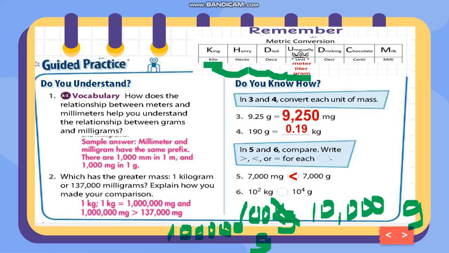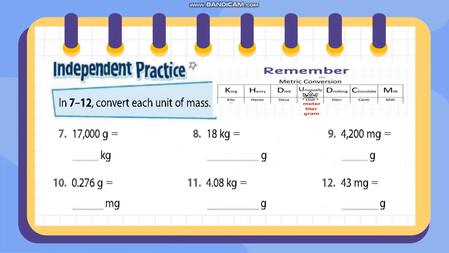So that is equivalent to 100,000. So I have 100,000 grams and I have 10,000 grams. So the bigger is 10 squared kilogram because that is equivalent to 100,000 grams.